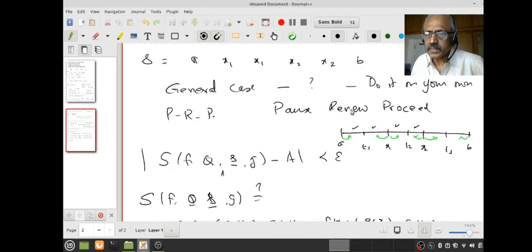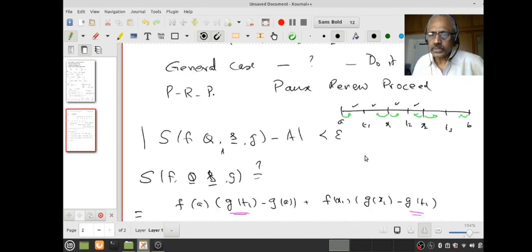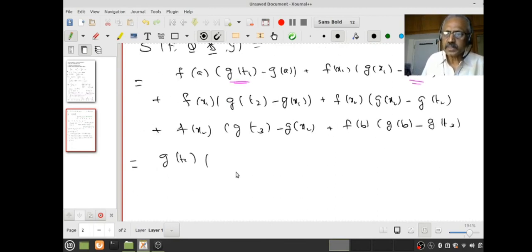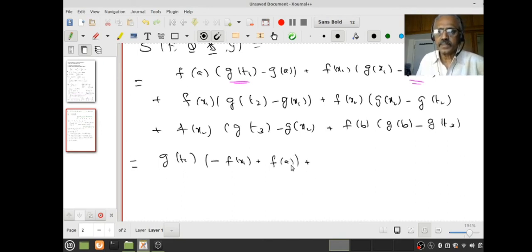Let us look at t1 and x1, therefore t1 is smaller, so g of x1 must be bigger, so we will do that. Are you following what I'm saying? Therefore I will write it as minus f of x1, and this is minus of minus, therefore it is a plus f of a. You understood that?